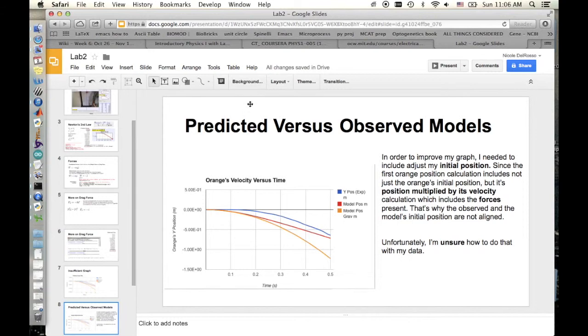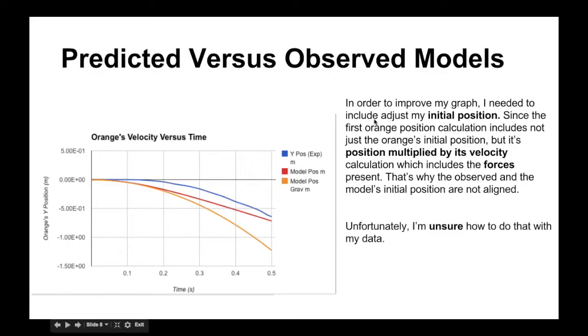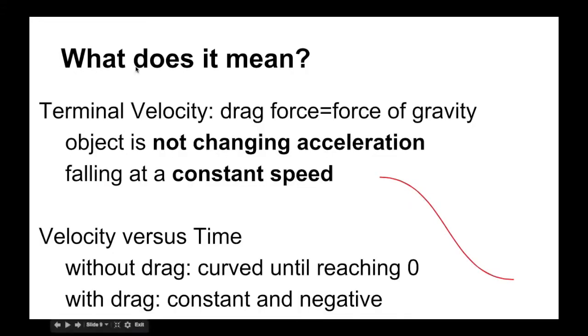So that means that the first orange's position is not going to be the same as what my observed values were, which means that they'll be different. And unfortunately, I wasn't too sure how to edit that in my code. I tried declaring the object's position first outside of the while loop and then having it run, but much to my chagrin, it did not work out.